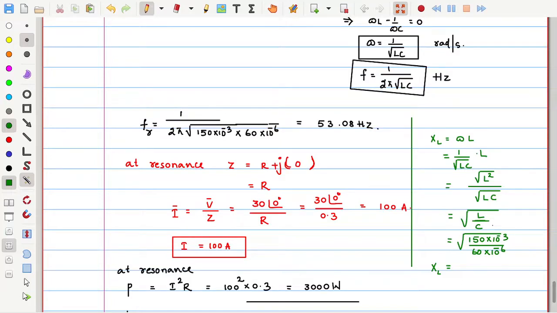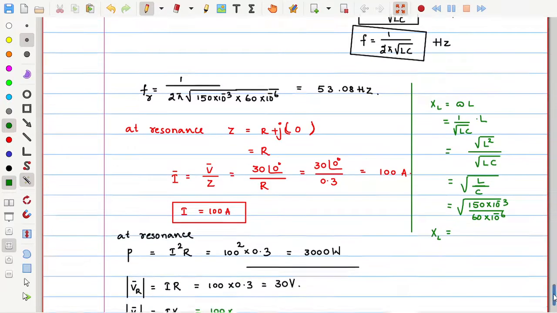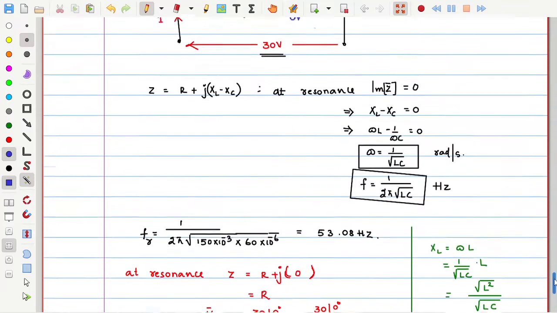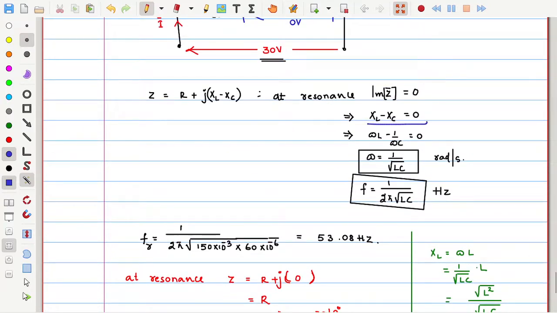You can directly get the value, or simplify in this way and tell me how much that value is. Did you get this? 2500, sir. 2500 ohms.